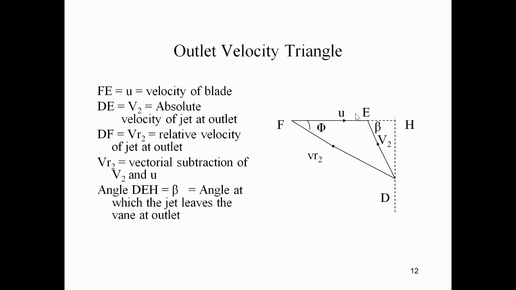Next, angle DEH is equal to beta. So the beta angle is nothing but the angle at which the jet leaves the vane or blade at outlet.